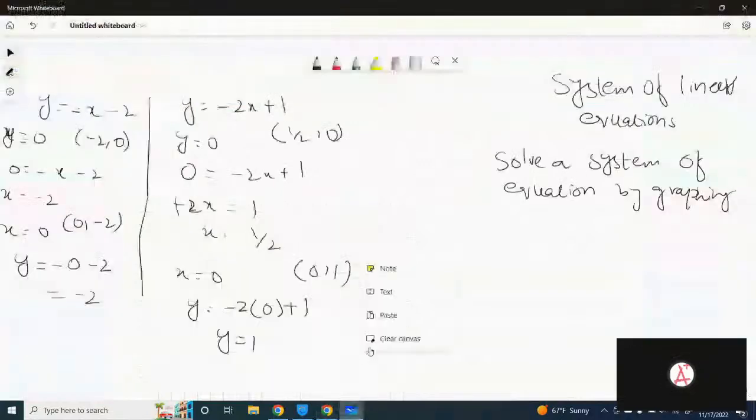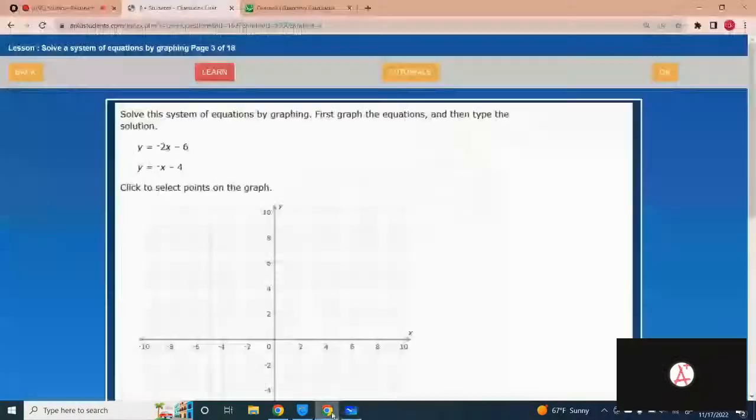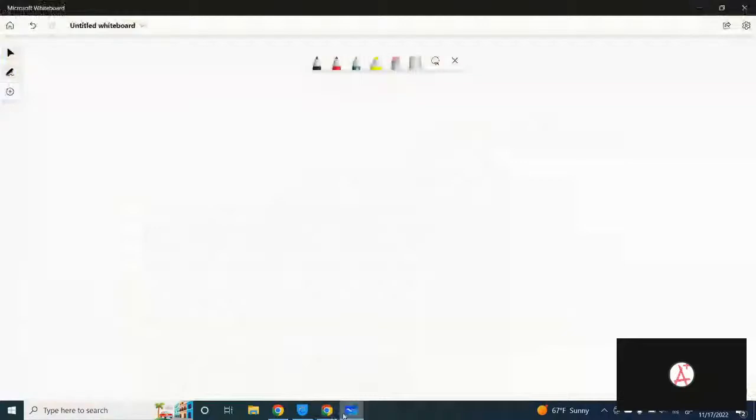y equals -2x - 6. You have to find the solution of the equations by using the graphing method.